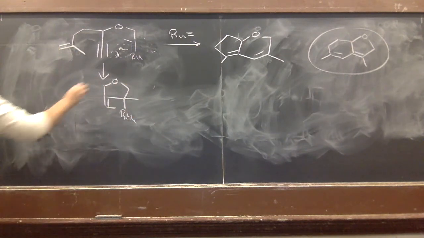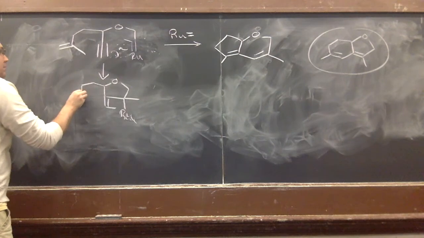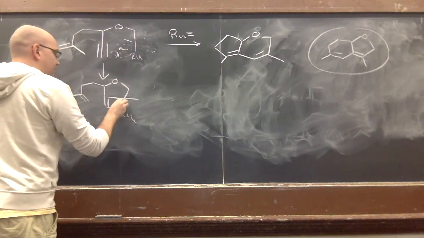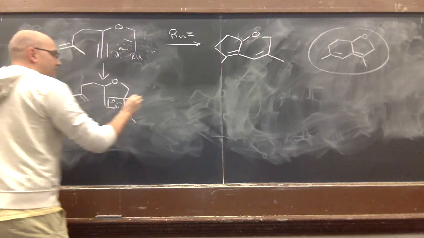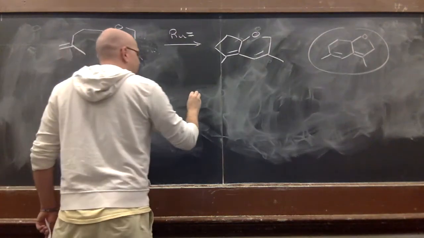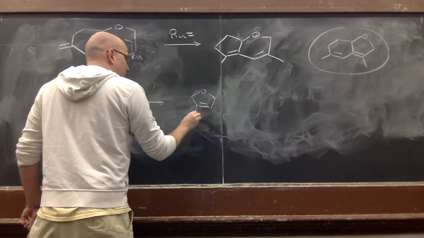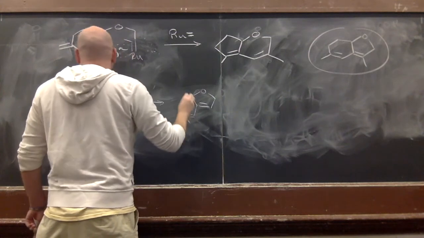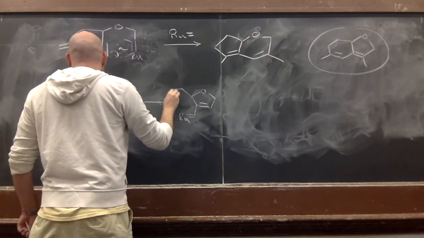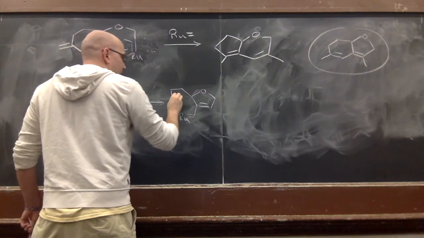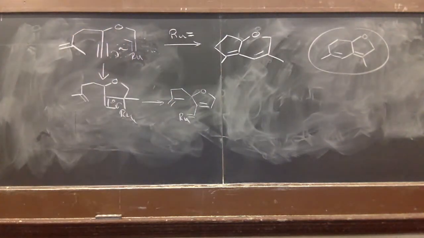Okay. Let's rotate around that bond. Once we do the retro 2 plus 2, we're going to get to that compound that you're seeing here.